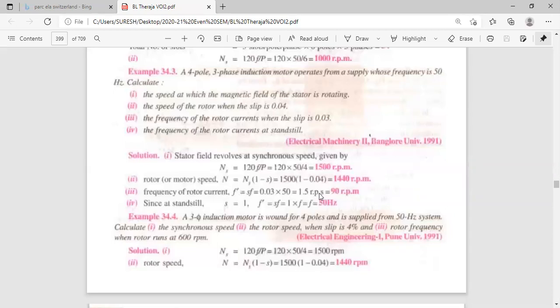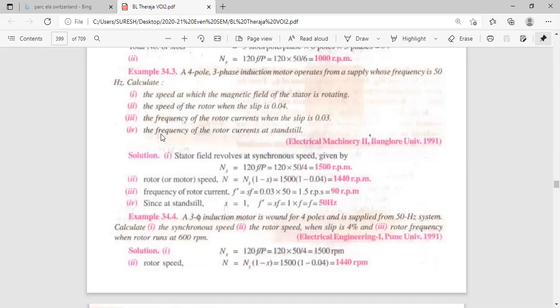So F dash value is 1.5 RPS, revolutions per second. If you want to convert into minutes, multiply with 60.